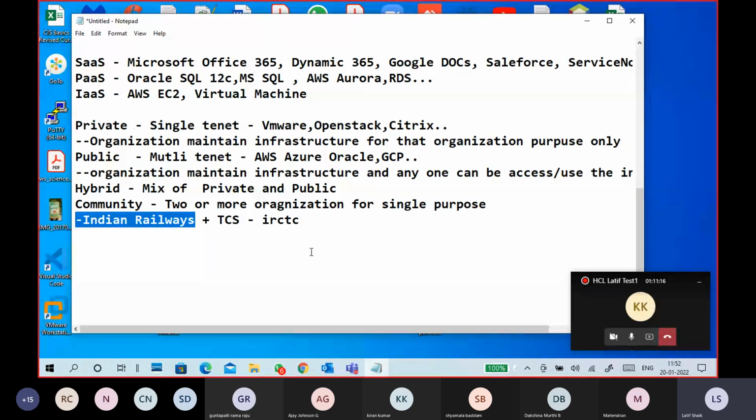Reservation systems, reservation bookings, everything we can do through the IRCTC website. TCS is maintaining that software, and Indian Railways is not just a client, it is also an organization maintaining databases. So the Indian Railways mainframe database and this application, so we can get the services. This is one example. Now it will be changed anyway, so don't worry.